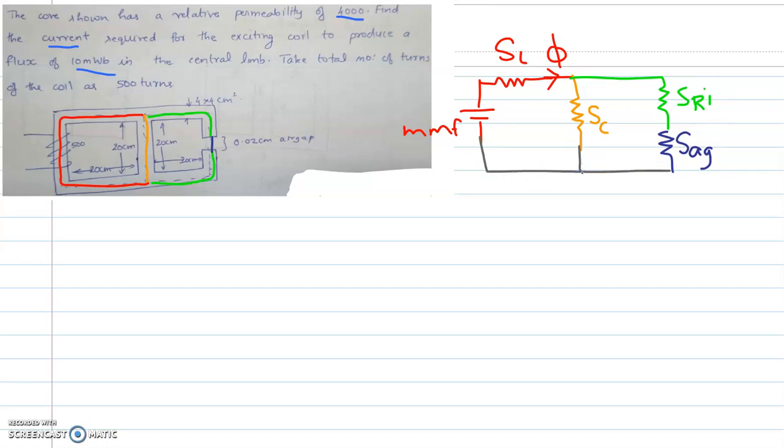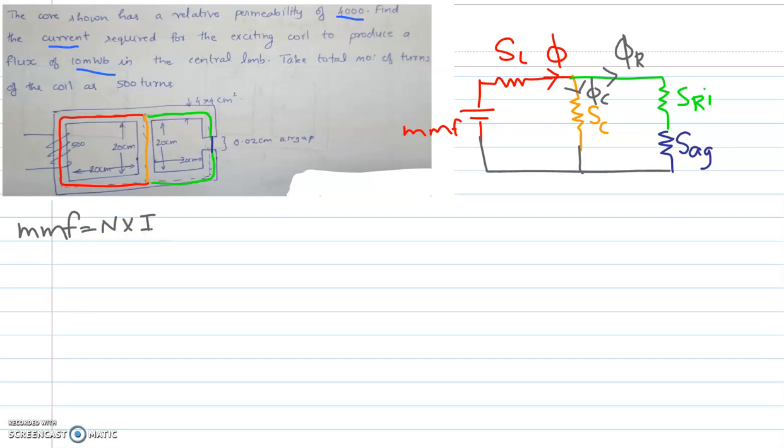So this phi is divided into two parts. One is phi R, the other one is phi C. You are asked to find out the MMF. MMF is nothing but N into I. You are already given the number of turns, 500 turns.